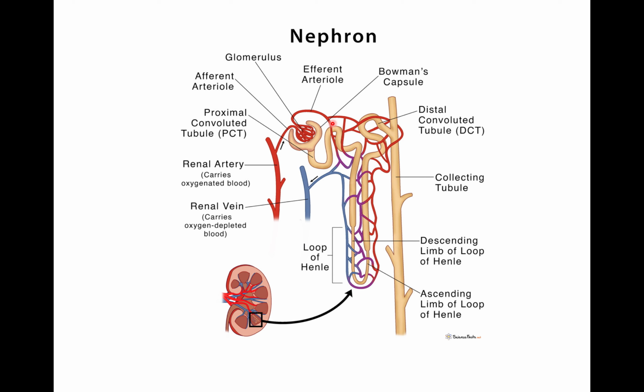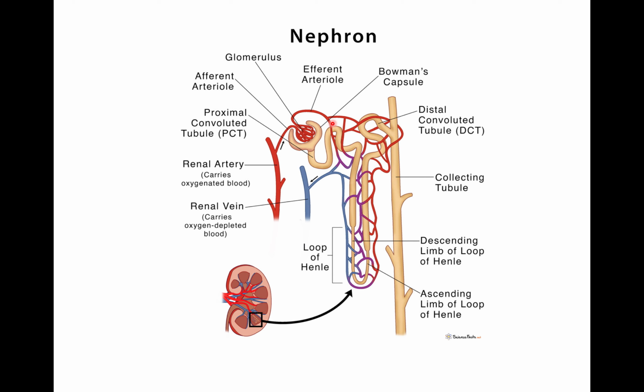So from the glomerular capillary, ultrafiltration of blood takes place and the filtrate goes to the inner lumen of the Bowman's capsule while the remaining blood goes to the efferent arteriole. The main function of the renal capsule, that is the Bowman's capsule and glomerulus, is to produce an ultrafiltrate by the process called ultrafiltration. And ultrafiltration is the first step in the formation of urine.